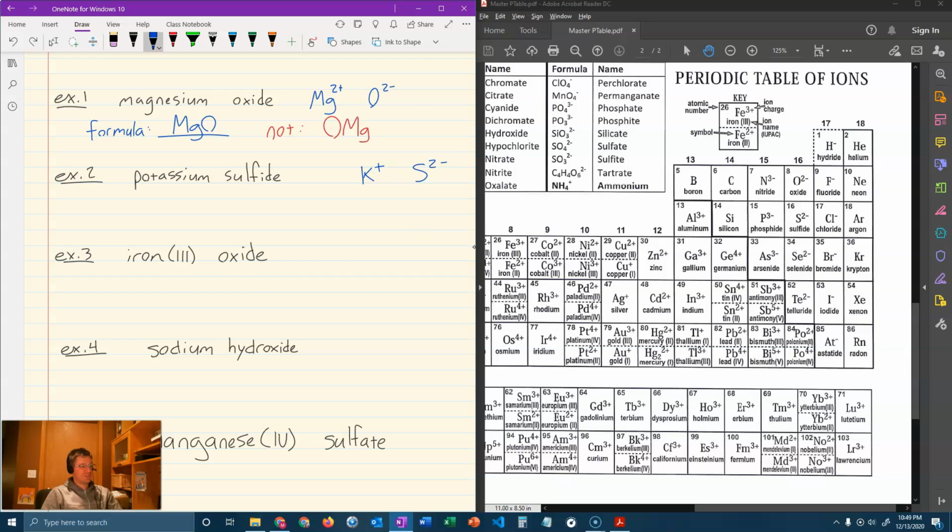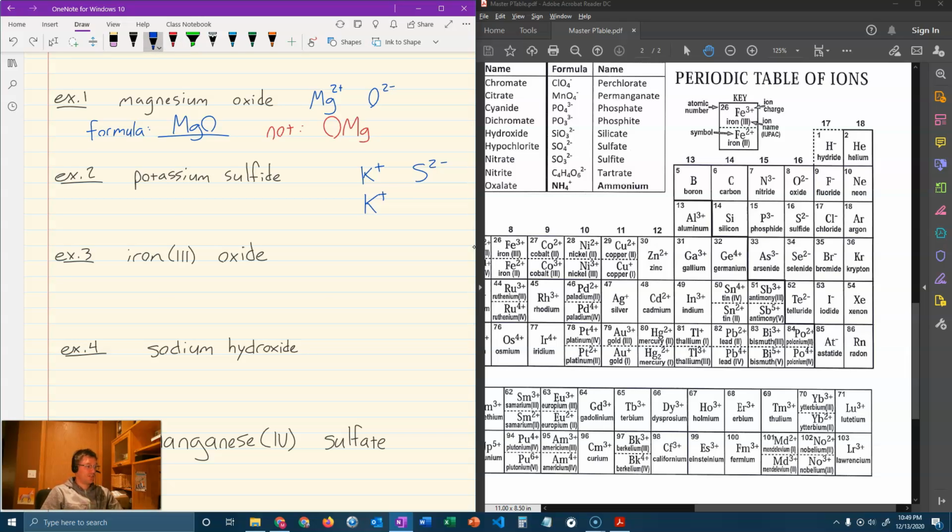Well, what you need to do then is add more plus. So you're going to write down another K+, and now we have 1 plus, 2 plus, and on the other side we have 2 minus. So total of 2 pluses, total of 2 minuses. This is now balanced out.